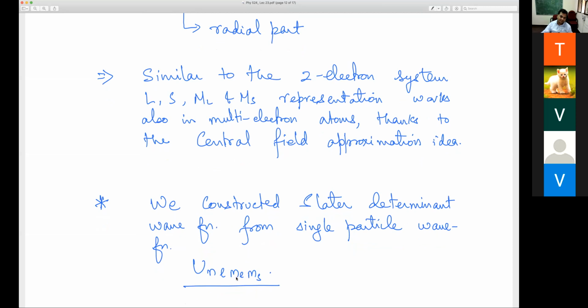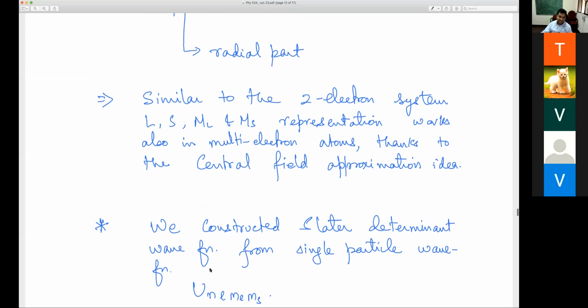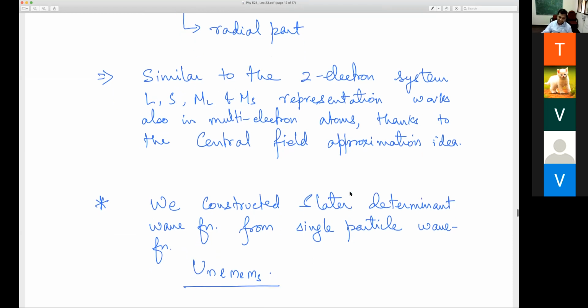And small l, small m_l, small m_s, and s, which is a half, are not explicitly written here. Okay, they are not identical to capital L, capital S, M_L, and M_S. So these Slater determinant wave functions may not even be the eigenfunctions of the L and S operators. So you have a problem.